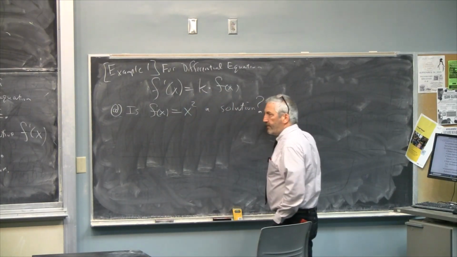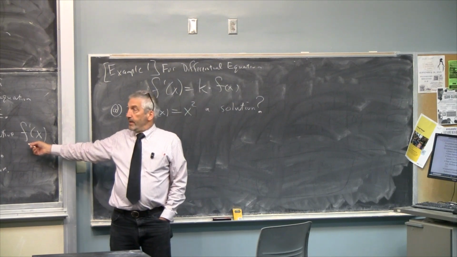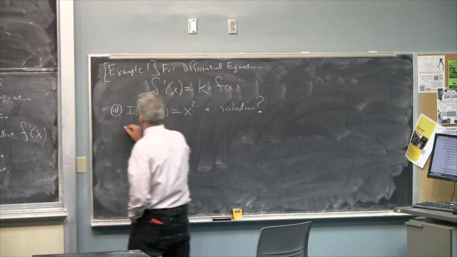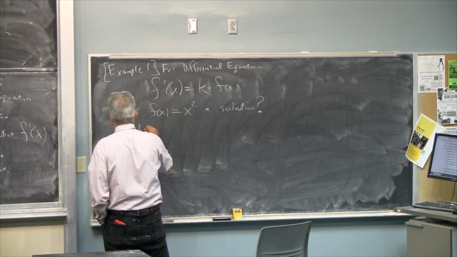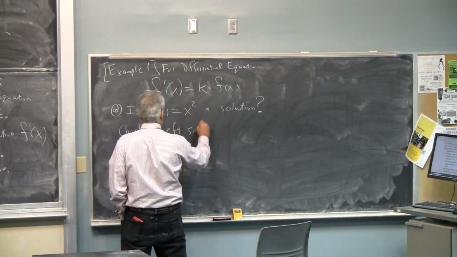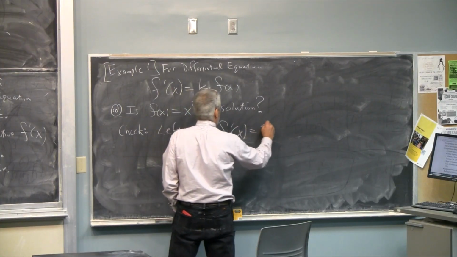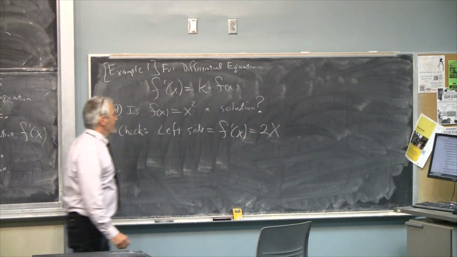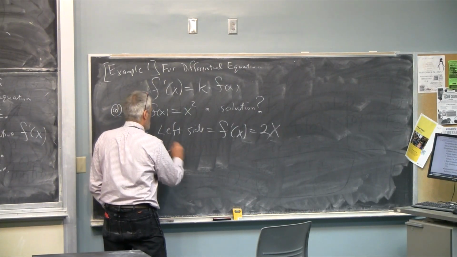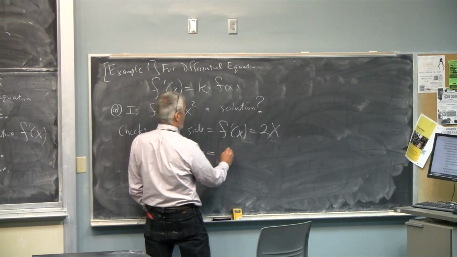Well, that means we're asking this. If I substitute f and its derivative into that equation, do I get something that's true? Well, let's see. The left side is f prime of x. So that's 2x. The right side is k f of x.